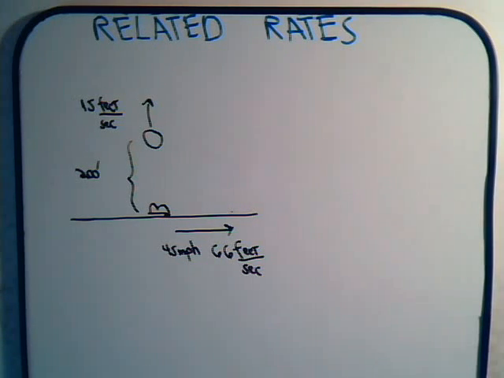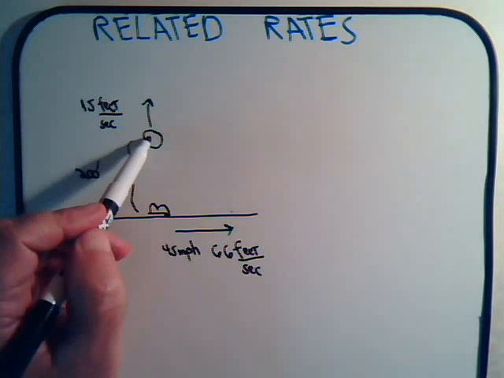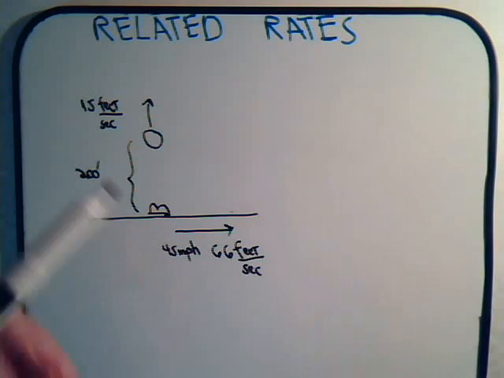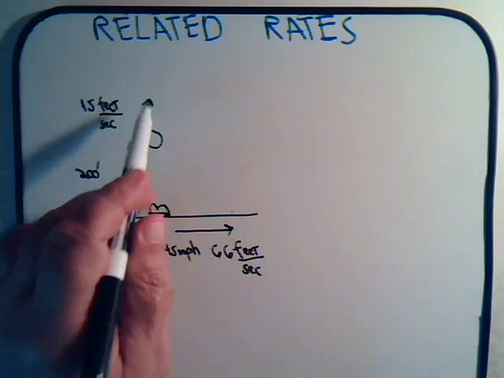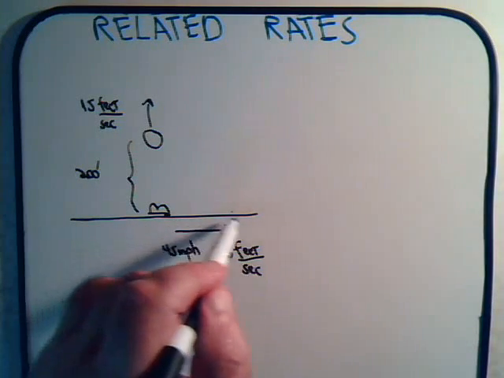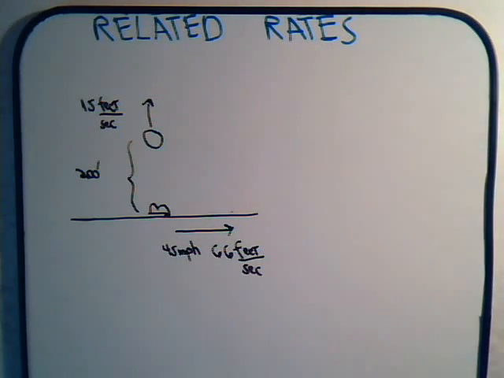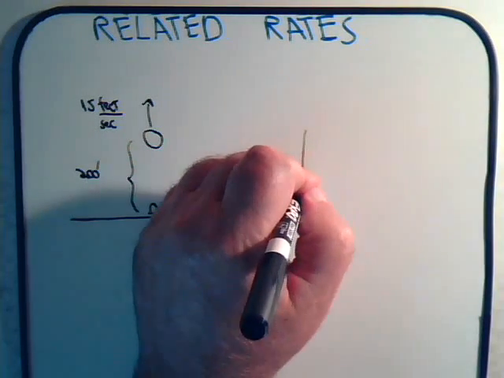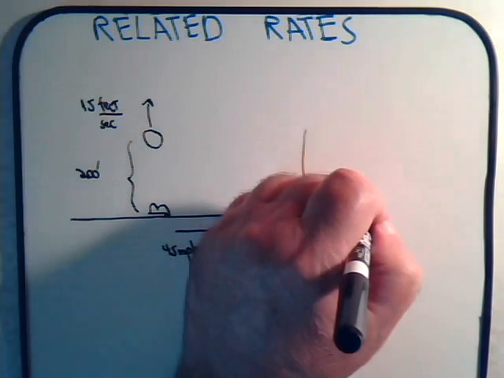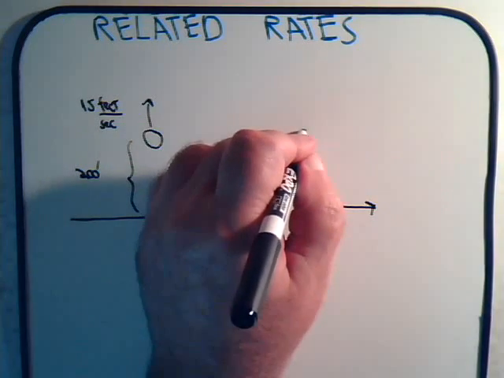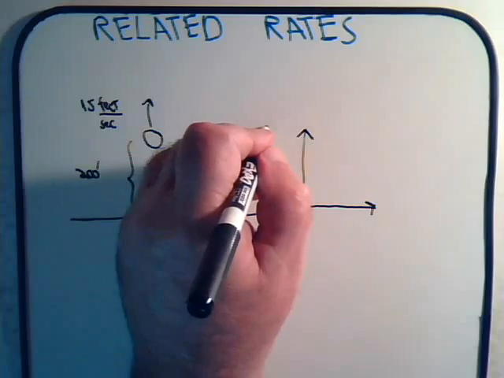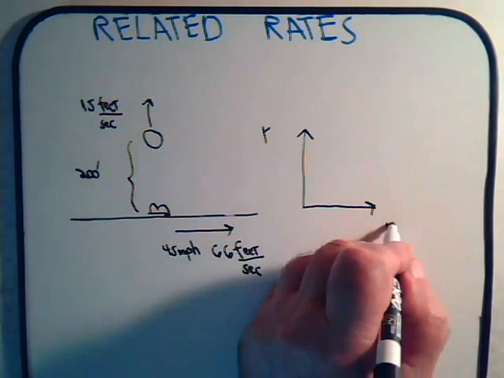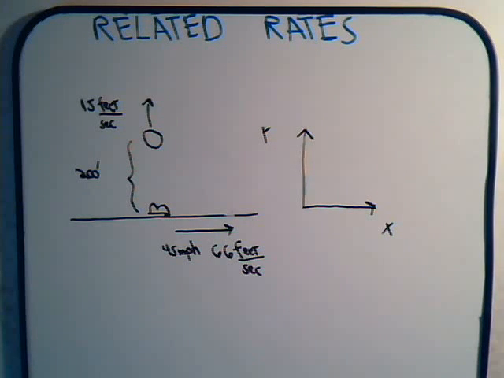Now, we are given the rate of rise of the balloon, and we're given the speed of the car. The balloon is going straight up. The car is going straight to the right, so we can draw it something like this. We can call this the y direction for the balloon, and we can call it the x direction for the car.